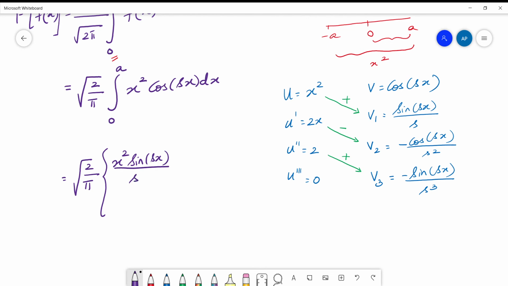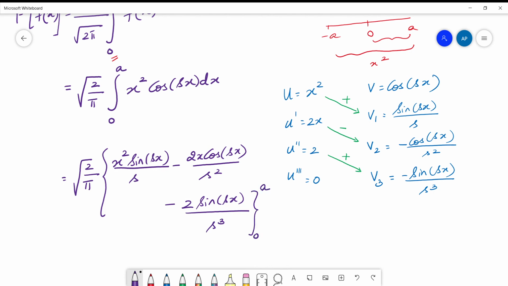The second term is minus 2x cos of sx. I am combining u dash and v2. So that divided by s square. The third one will give me minus 2 sine of sx divided by s cube. And the limits here varying from 0 to a.